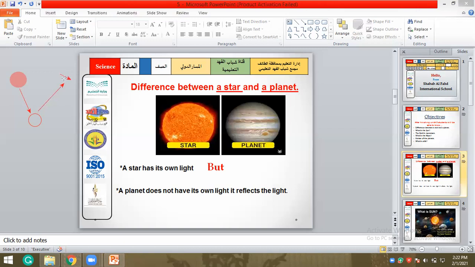We can see the light coming from the planet, but it's actually reflecting the light. So it's just a reflection of light, not actual light. But if we see a star directly, that has its own light, it's not reflecting. Understand?